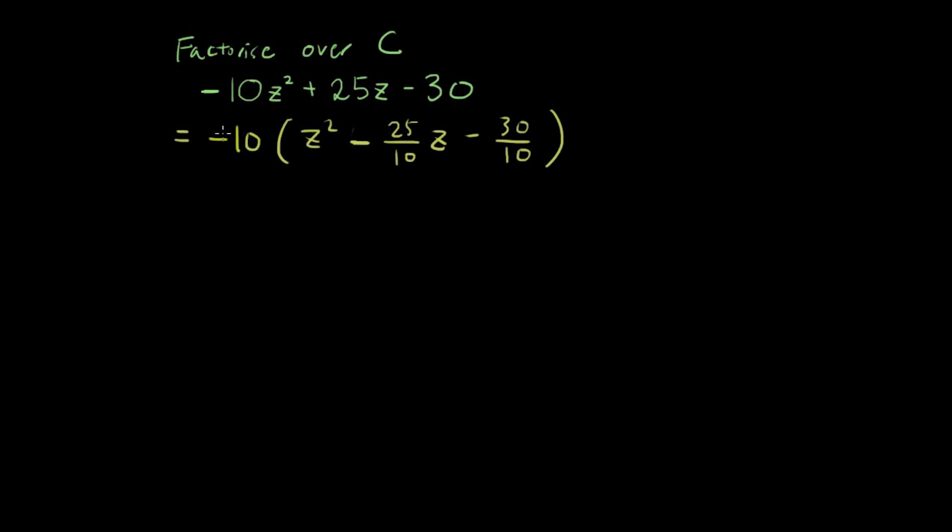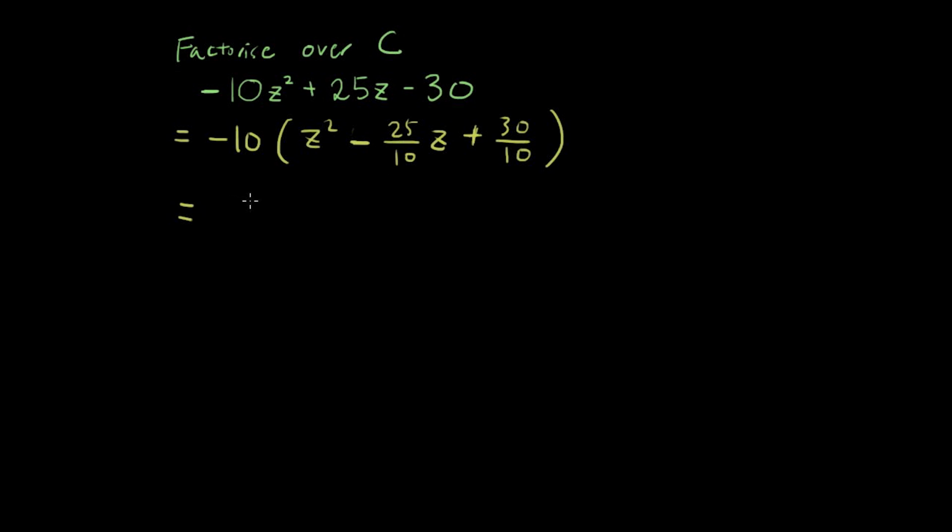So negative 10 times this will give you the second term, and negative 10 times a positive 30 over 10 will give you negative 30. So these two equations are equal. That's why I can keep going. I'm simply changing the format of the equation but not the output.